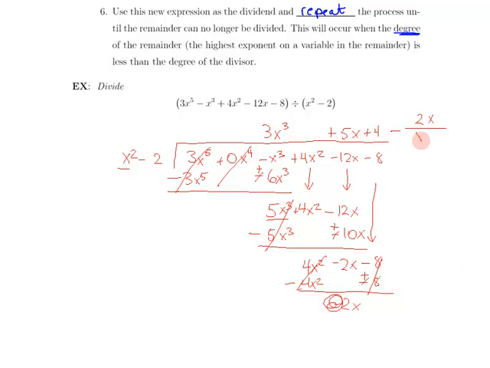Minus 2x over x squared minus 2. This is my answer. 3x cubed plus 5x plus 4 minus 2x over x squared minus 2. Okay? Or written more condensed, 3x cubed plus 5x plus 4 minus a 2x over x squared minus 2.